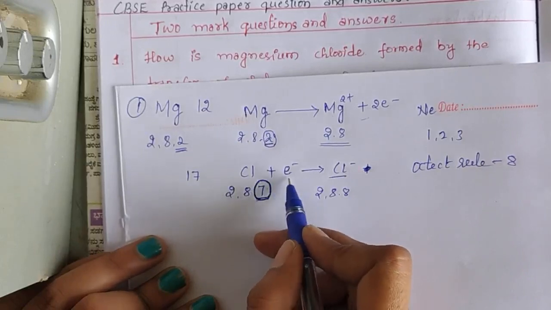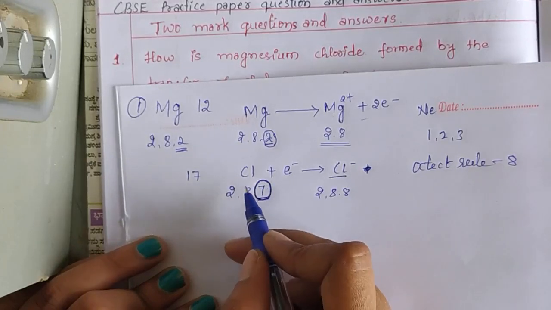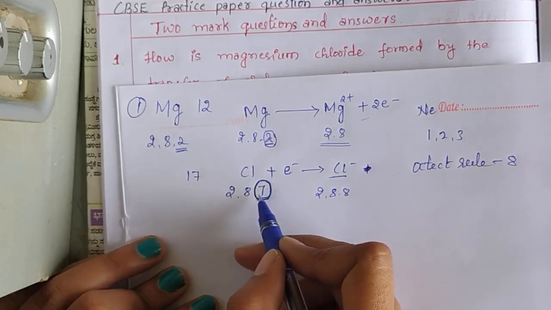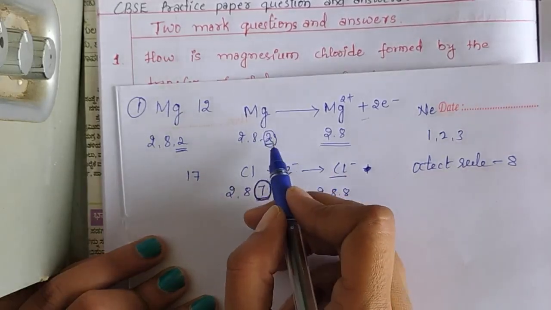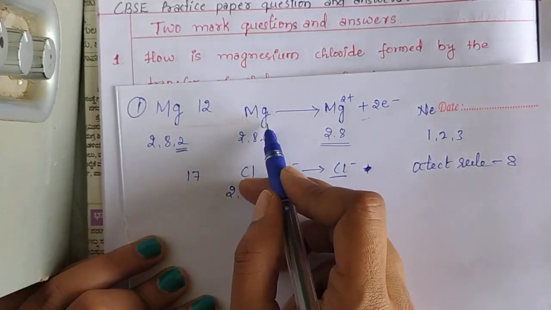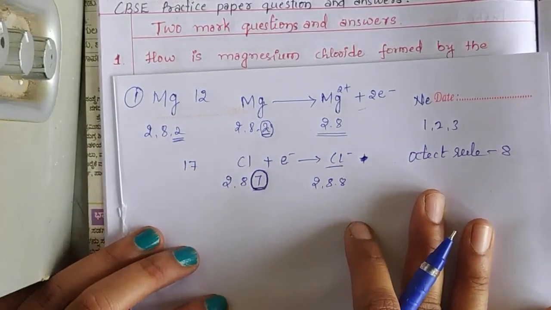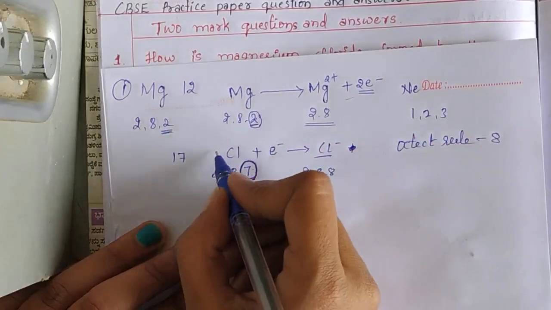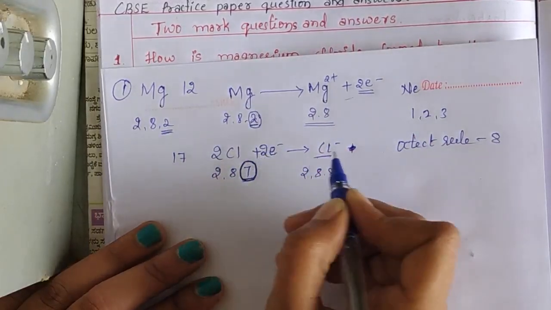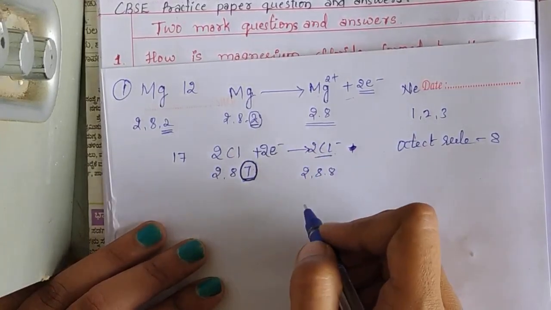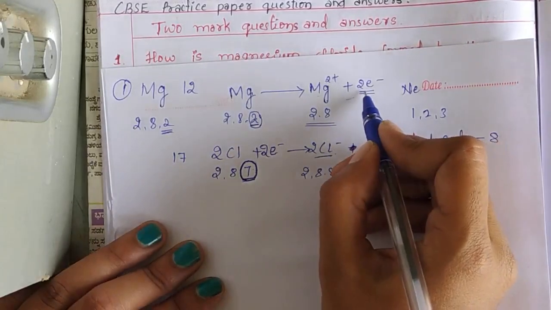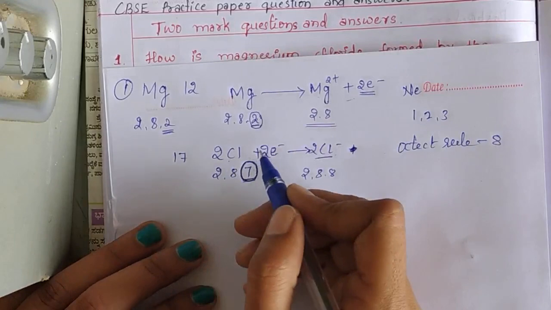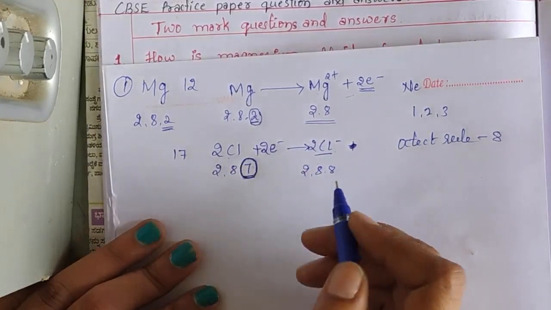It is very difficult to remove an electron from the outermost shell of chlorine, but very easy to remove the outermost electrons from magnesium. So magnesium loses 2 electrons, and 2 chlorine atoms gain these released electrons and are converted into chloride anions.